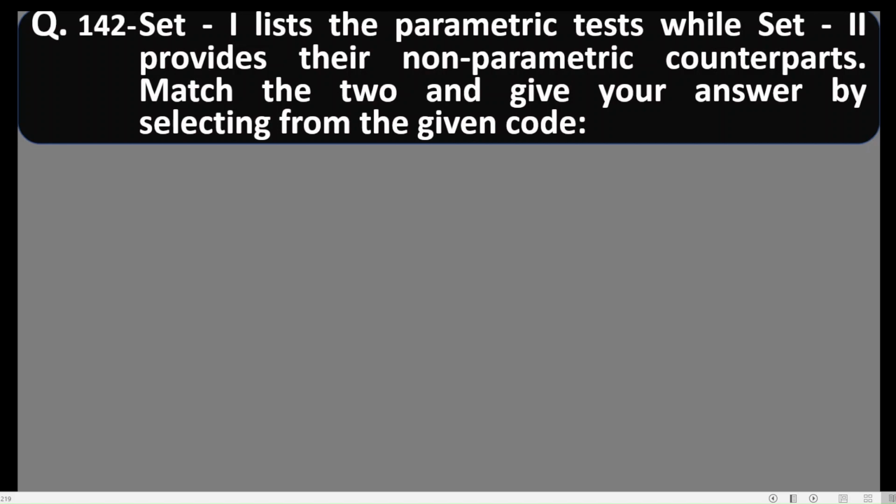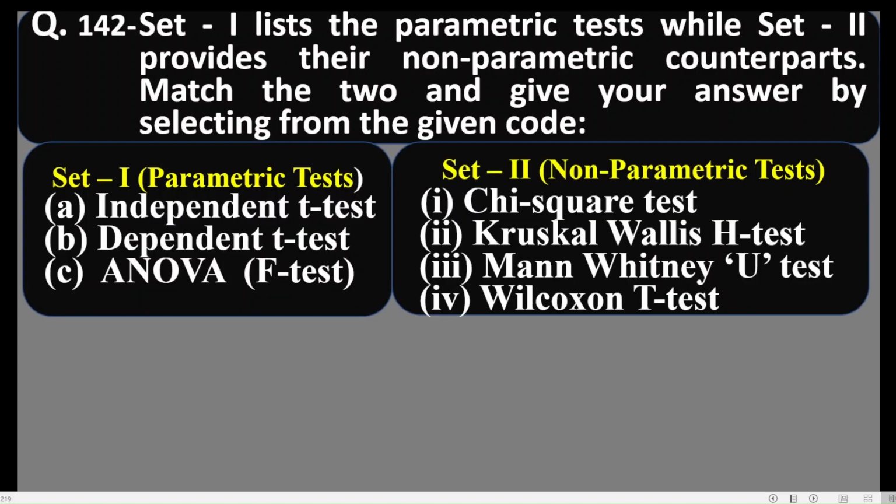In set 1, the parametric tests are given, and in set 2, non-parametric tests are given. We have to see that if a parametric test in any case cannot be used, then in place of the parametric tests given in set 1, which non-parametric test can be used?